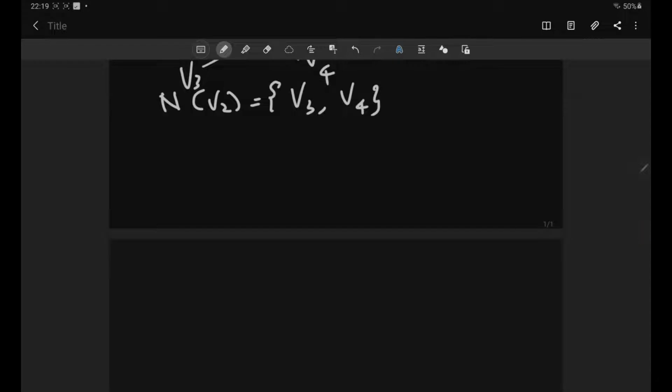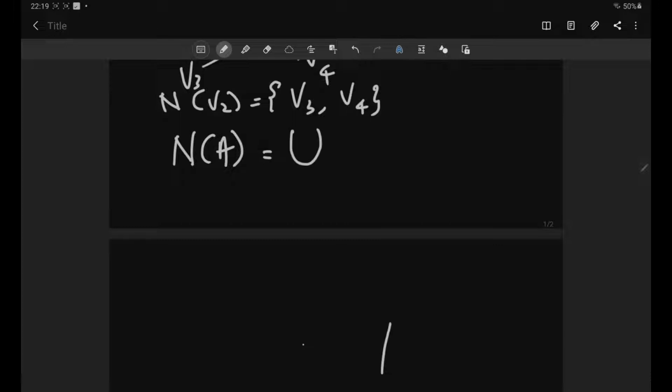Now we're back to definition 4. We have N(A), which is equal to the union of N(V) for all V belonging to the set A, which is a subset of V. So what does it mean?